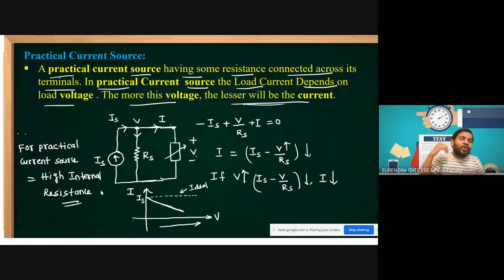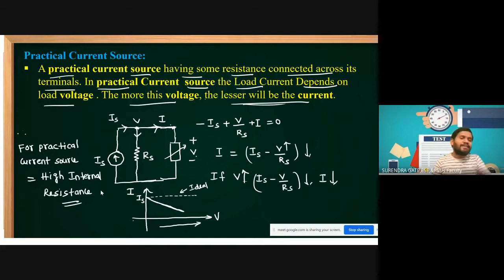Voltage source has less internal resistance, but voltmeter has high input resistance. Voltmeter is high, voltage source is low. Ammeter is low, but current source has high internal resistance.